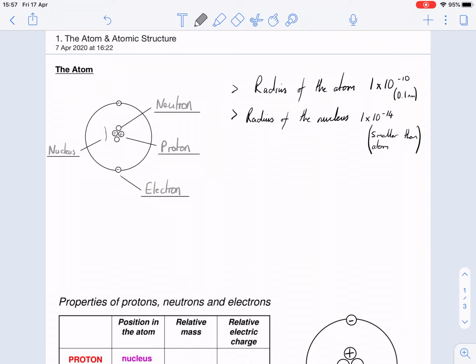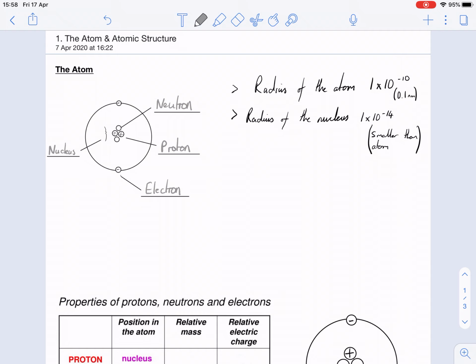Now, what you do need to know about the atom, as you can see here, are two different values: the radius of the atom and the radius of the nucleus. What you need to be aware of is which one is bigger and which one is smaller. It may sound very straightforward to you, and I hope it does, but you need to be very clear that the radius of the atom, which is this value here at the top, 1 times 10 to the minus 10, or 0.1 nanometers, is the larger of the two numbers.